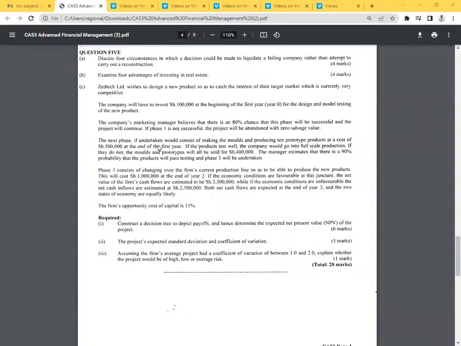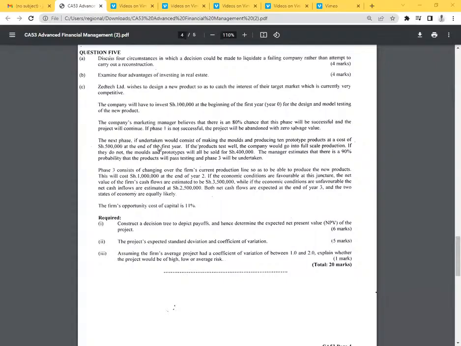The company will have to invest 100,000 at the beginning of the first year, which is year 0, for the design and the model testing of the new product. The company's marketing manager believes that there is an 80% chance that this phase will be successful and the project will continue. If phase 1 is not successful, the project will be abandoned with 0 salvage value.